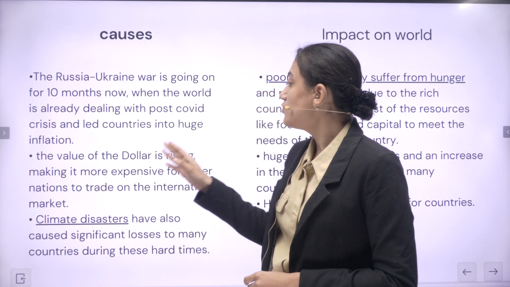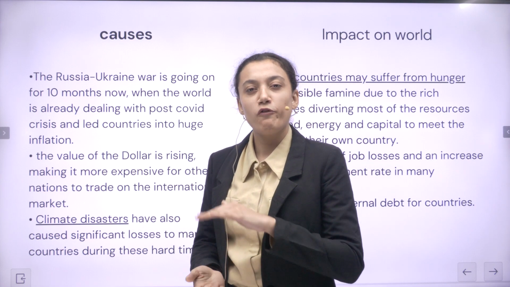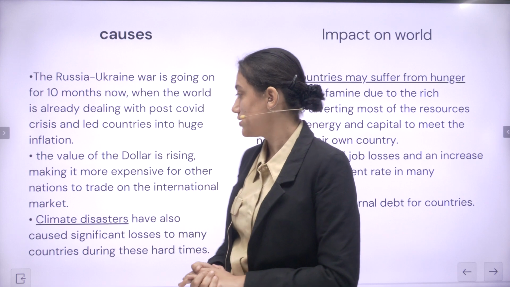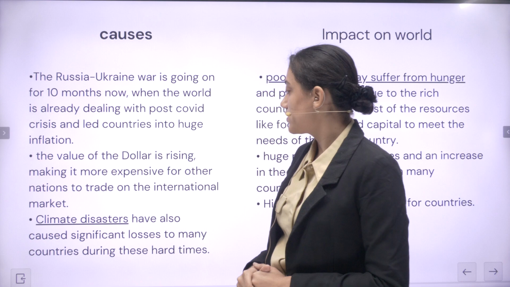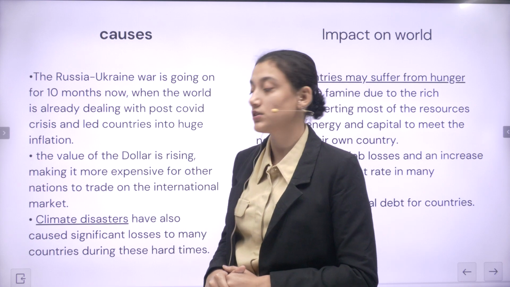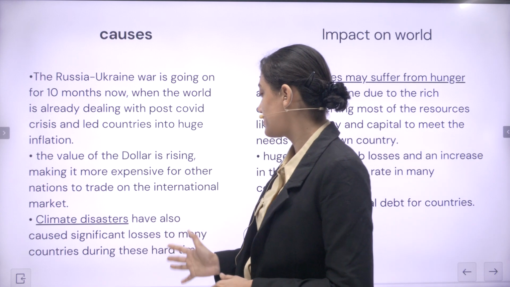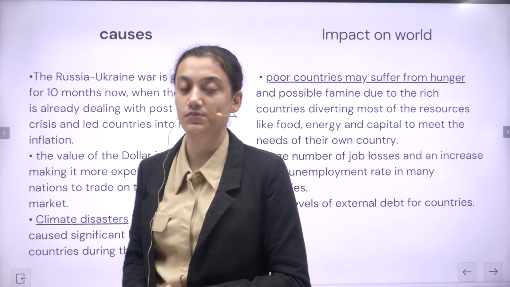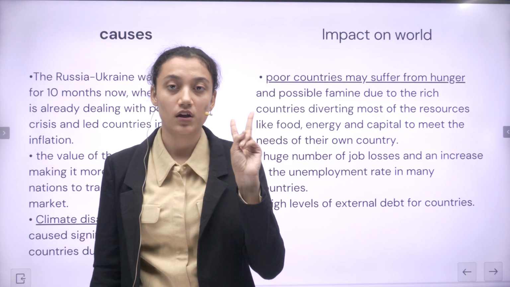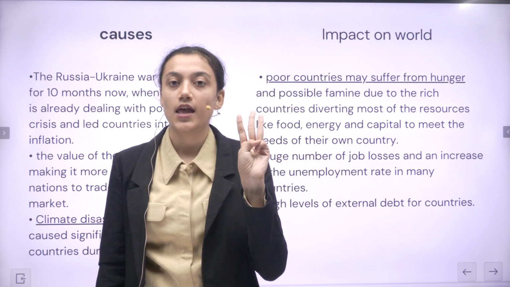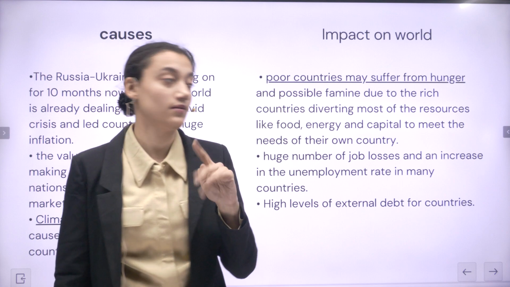The value of the dollar is rising. Now we all know that the dollar is the firmest currency in the global market, so its rising value makes it more expensive for other nations to trade on the international market. Climate disasters are also happening, which have caused significant losses to many countries during these hard times. So we have learned four possible causes: the Russia-Ukraine war, the post-COVID crisis, the climate crisis and the increasing value of the dollar.